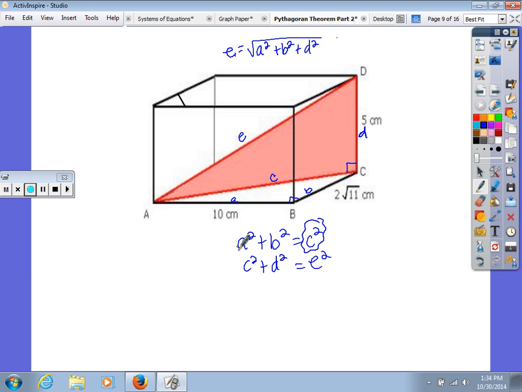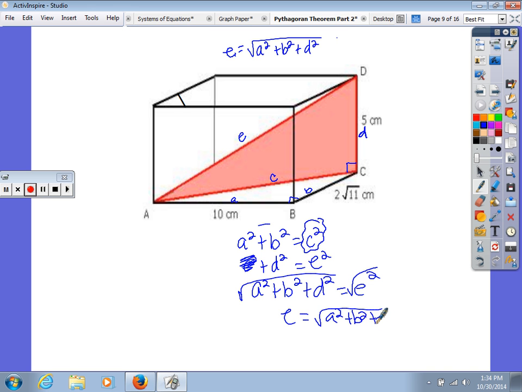So I can actually substitute a squared plus b squared into this term right here because this is another name for c squared. So if I scratch out my second equation, I would really have a squared plus b squared plus d squared equals e squared. But to find plain old e, you would take the square root. And this actually proves why that shortcut works.